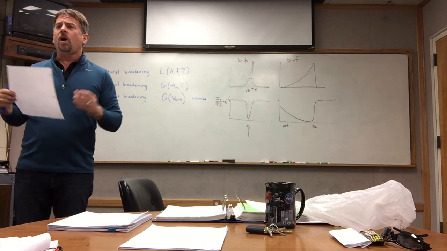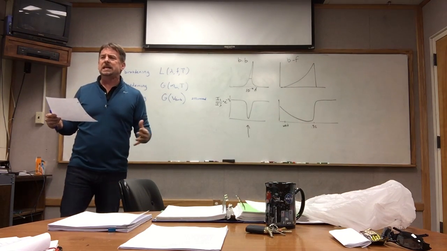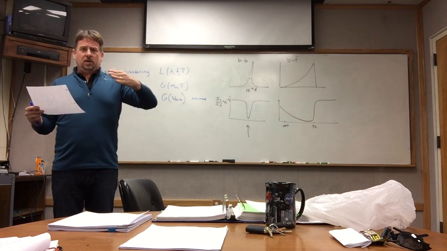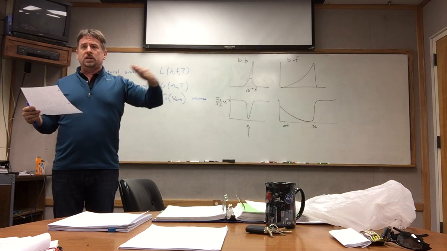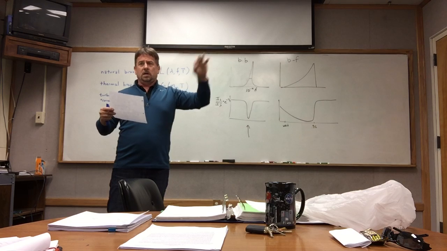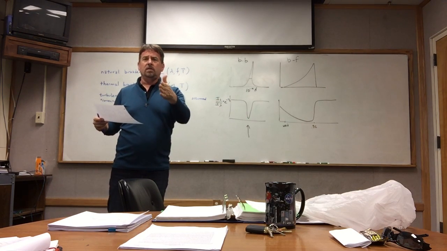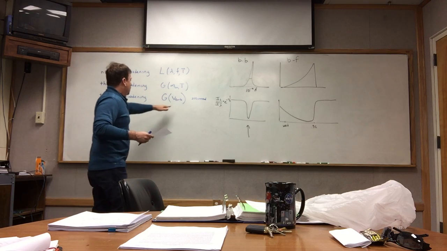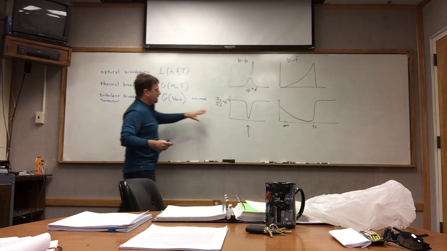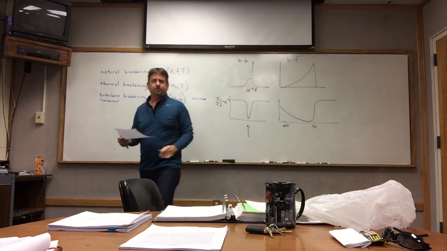Now, if you have a complex gas flow, like a supernova wind, where your density and your velocity is mapped out along the line of sight in a very complex model of flow, then you're talking about something that can really modify the shape of a profile in a very crazy way.